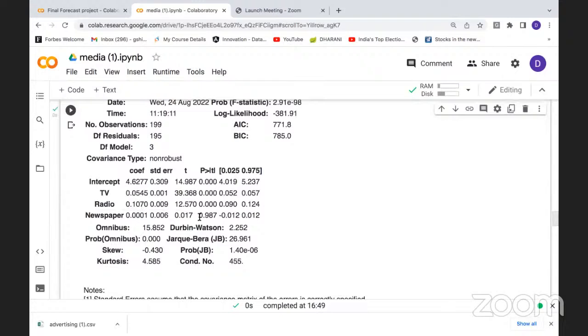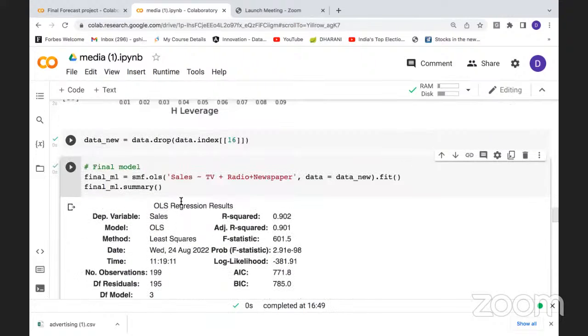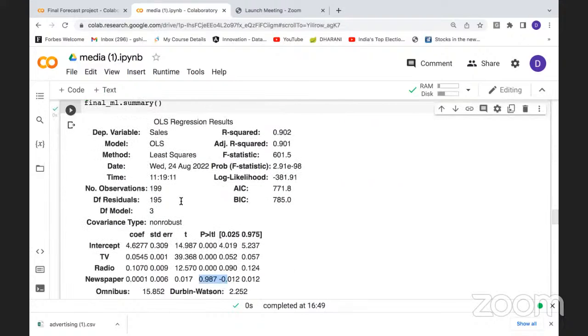Right? See here, the P value is very, very high. If such a situation comes, we will have to do some kind of transformations and make that P value significant. Still if it is not happening, then there are a set of things which you have to know.